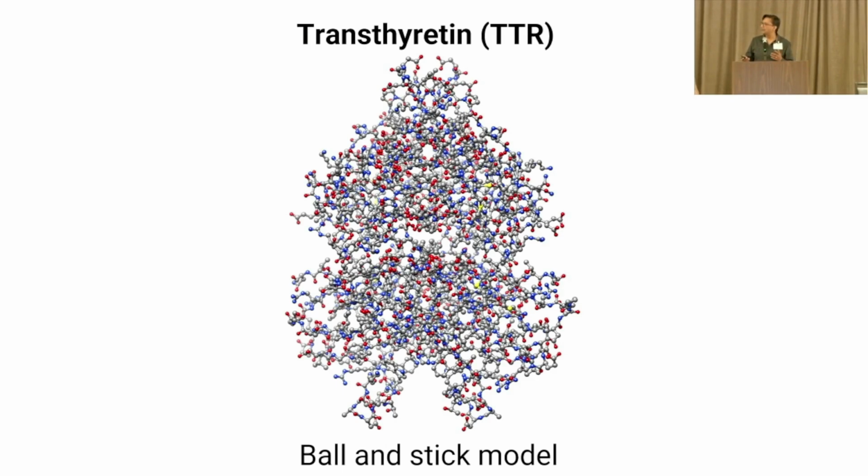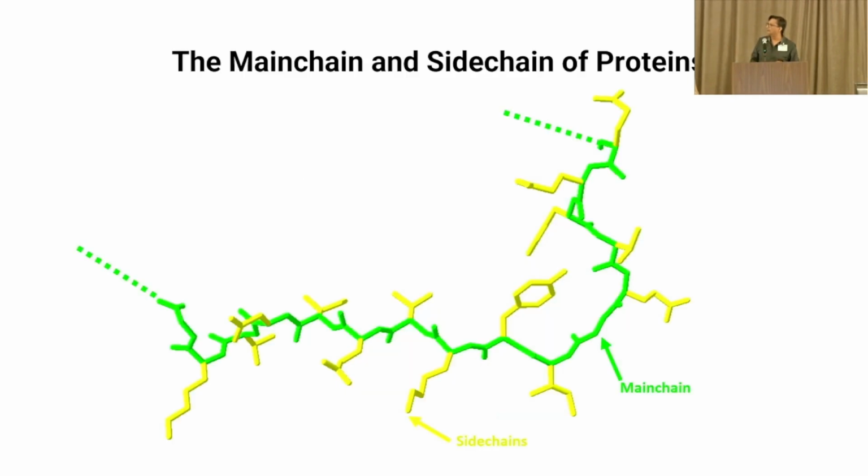For example, if we were to zoom right into the core of the protein, what we would see is the protein is made up of one long chain, which I call a main chain. I've shown that main chain in green. This main chain meanders around and makes up the entire protein. Sprouting from the main chain are small side chains.